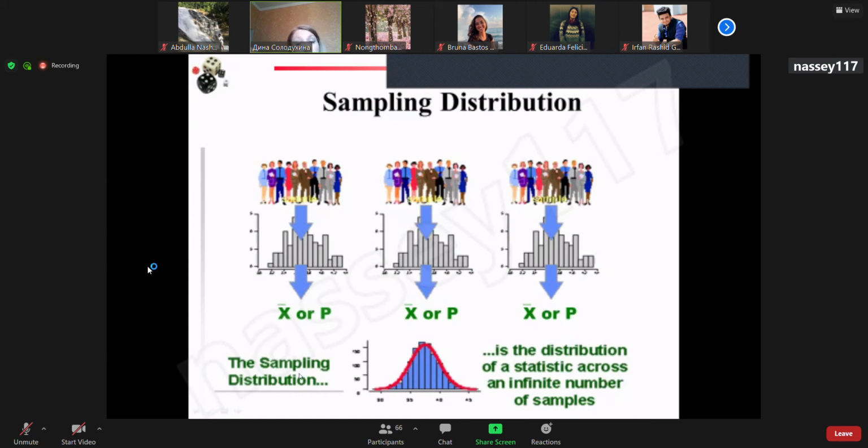If you summarize these parameters from many samples, you will get sampling distribution, which is the distribution of a statistic across an infinite number of samples. You must understand that we can take samples as many as possible. You can take 2 samples, 5, 10, 20, but it can be as many as possible.